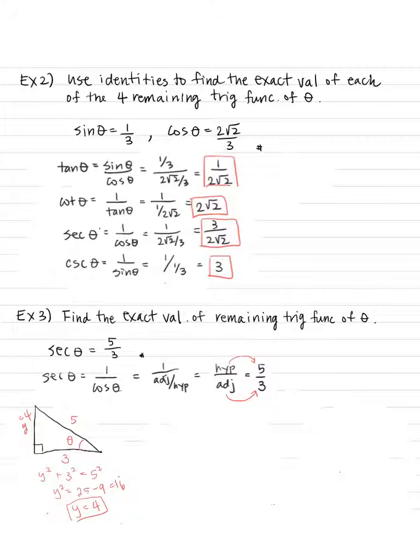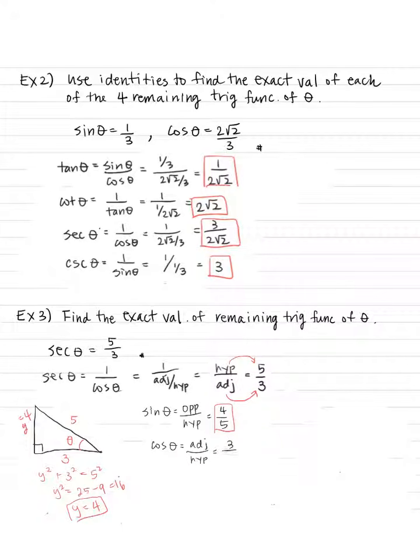All right, so let's go with sine of theta. Sine of theta is what? Opposite over the hypotenuse. The opposite side of the angle theta is 4. Hypotenuse is 5. And here we go. Next one, cosine. Cosine is adjacent over hypotenuse.